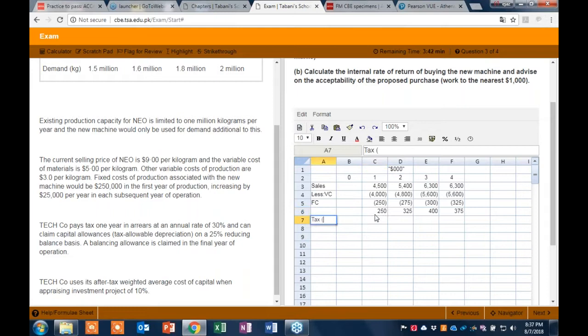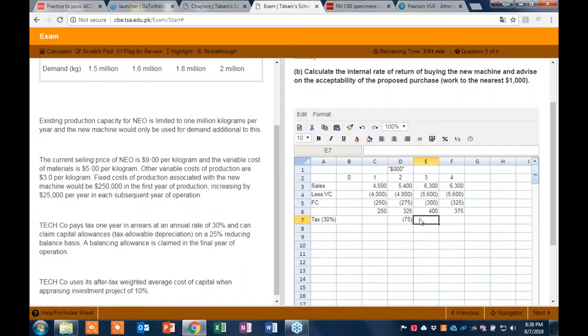Now we'll apply tax, which is 30%. And if you look at this line, it says tech company pays tax 1 year in arrears. So remember, we will apply the tax percentage to this figure, but we'll show it in the next column because of arrears. So 30% of 250,000 will be shown in the next column because of arrears.